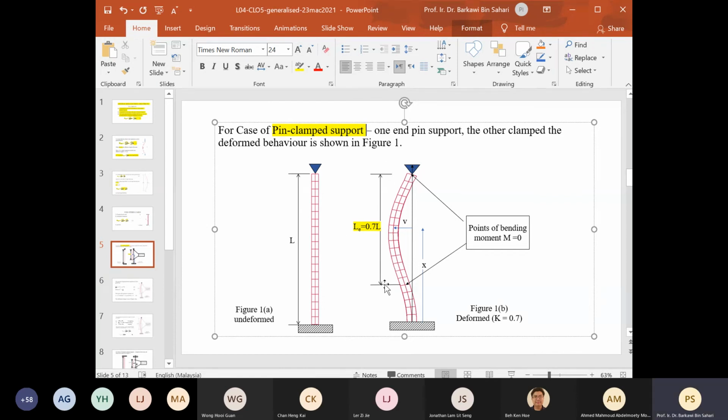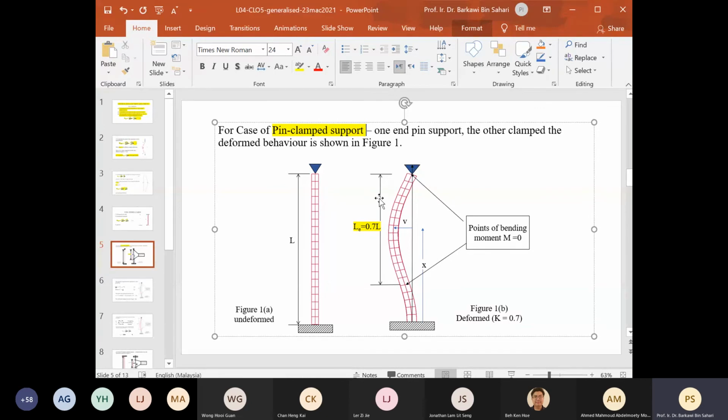You can work this one out either experimentally or you can have a closed form solution. I won't go through that one. Or from the simulation work that we developed, we showed you just now, to get the distance between two zero bending moments.